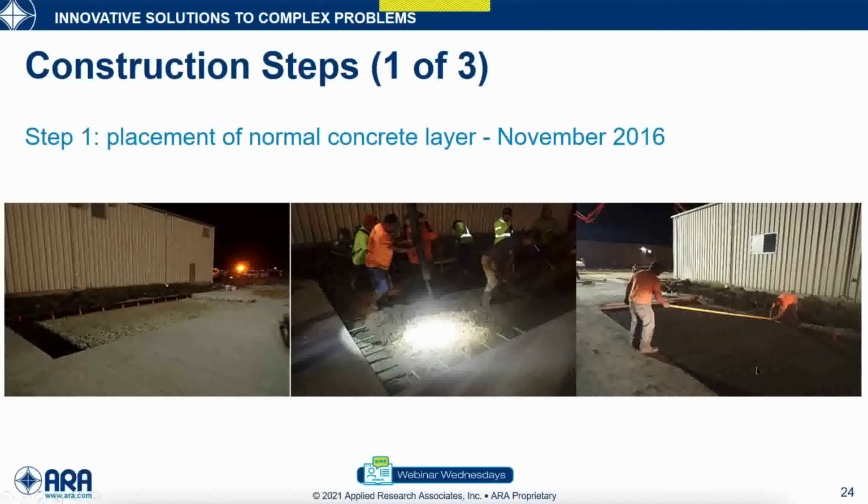So we put 4 inches or 4.5 inches of normal concrete, and then we try to create a rough surface to ensure the bond between the normal concrete and the ECON layer, because later on we're going to put the ECON layer on top of the normal concrete.